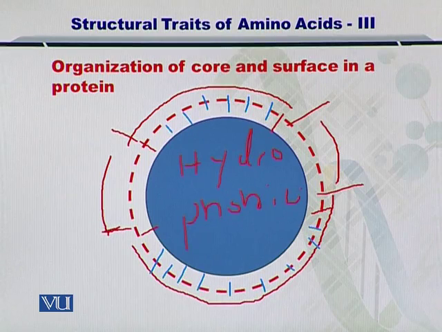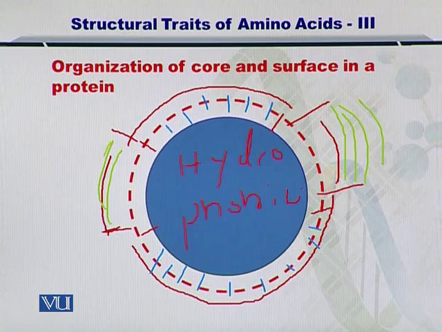If some part of the surface is functional, then specific functional groups take the position here and here. In this way, a protein selectively designs itself to perform specific functions.